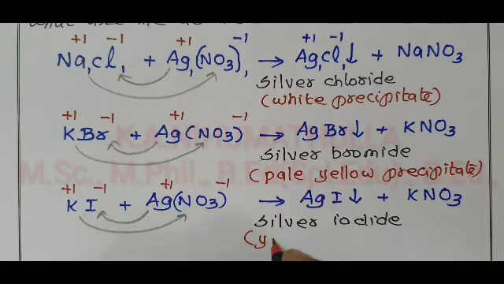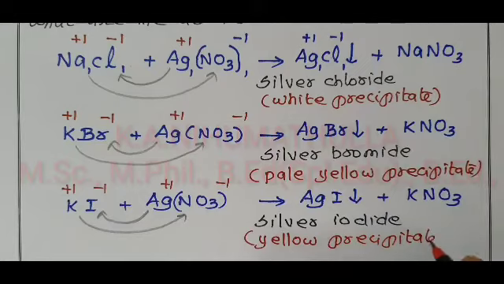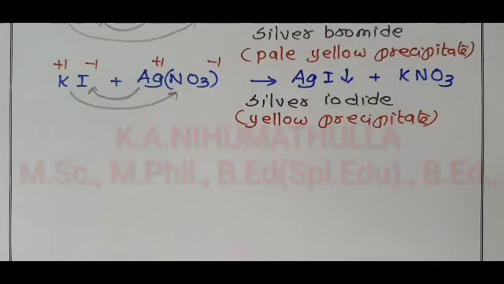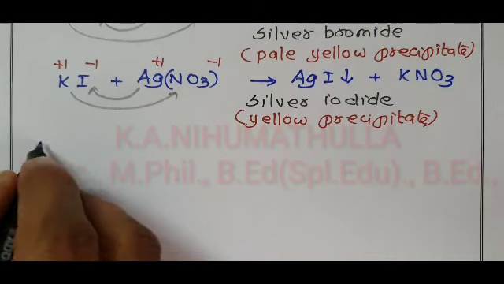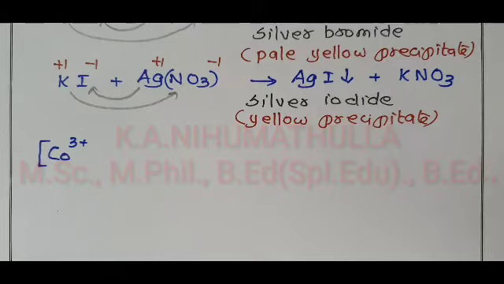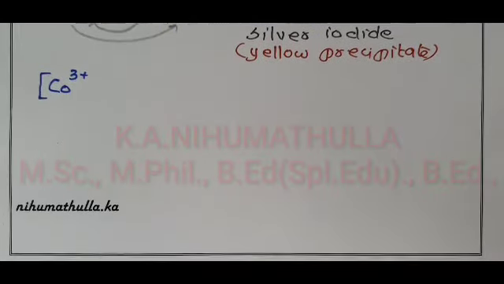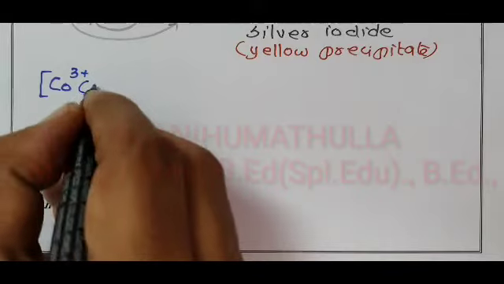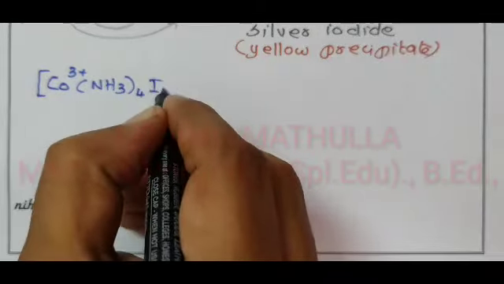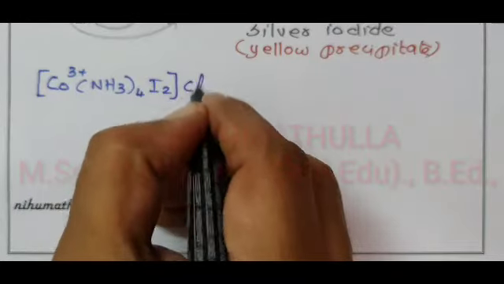In our evaluate yourself, one coordination compound is given. The coordination compound given in our problem is [Co(NH3)4I2]Cl, with cobalt 3 plus ion, NH3 4 times, I2 and Cl.